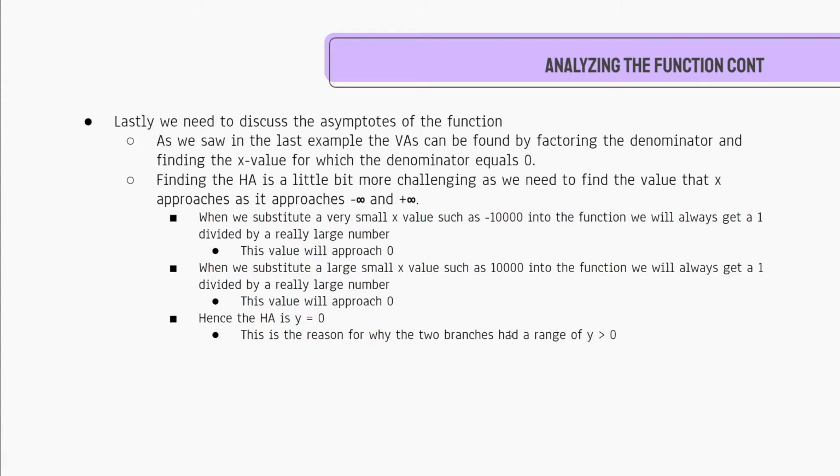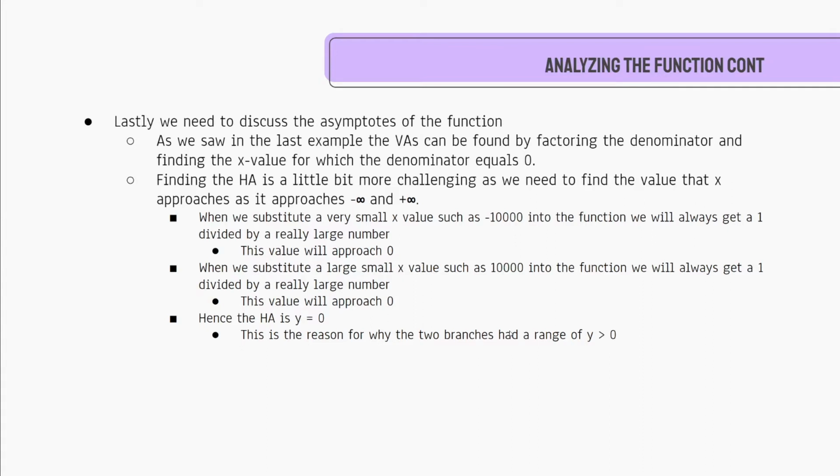So to find the horizontal asymptote, we could first of all analyze what happens to x as it approaches negative and positive infinity. So let's think of when x approaches negative infinity. We get a really big negative value, which I described as a very small value, such as negative 10,000.